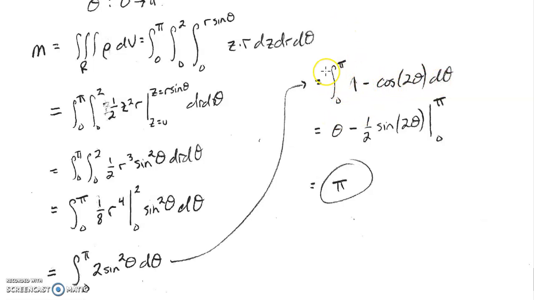Got to integrate that from 0 to pi. This goes to theta. I do get a negative 1/2 sine 2 theta, but the sine of 2 theta gets evaluated to 0 at the 0 bound and at the pi bound. So I just get pi minus 0, and my answer is pi.